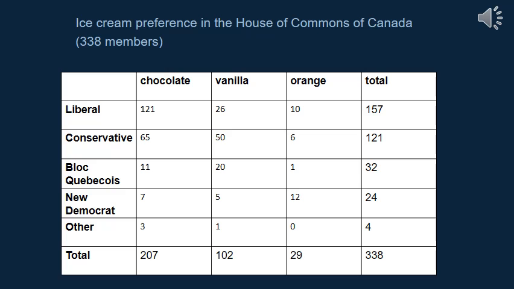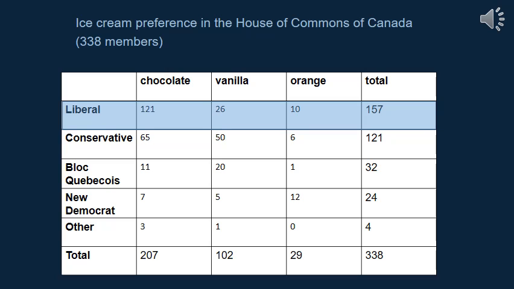And the 338 subjects studied here are the 338 MPs of Canada, members of the Parliament and the House of Commons. These are based on the results of the last Canadian elections in 2019.